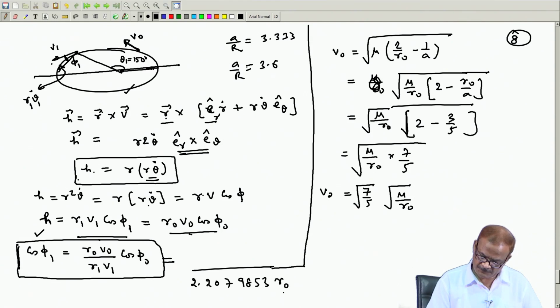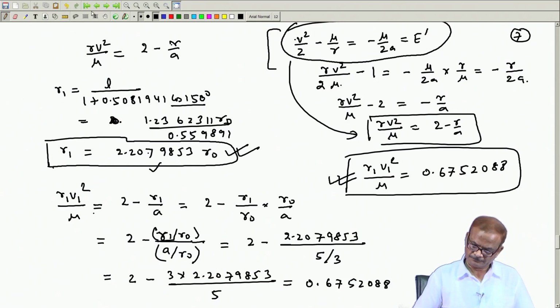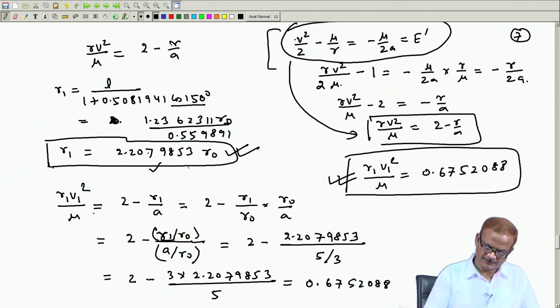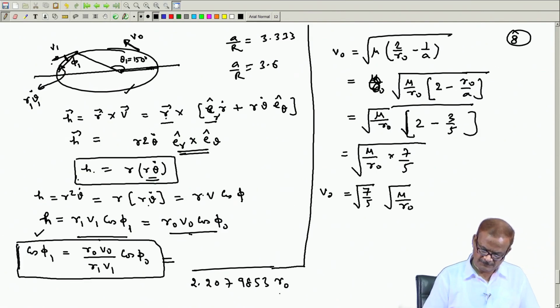This is already written in terms of R 0, so it is not a problem. Here we have worked out R 1, so we write this here. R 0 will get cancelled out from here. This is V 1; we are remaining with V 0 cos phi 0.